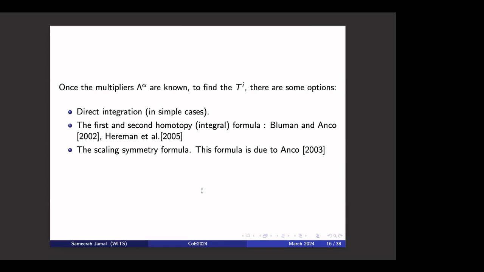So one way is the obvious way, which is just direct integration. But this can only work in simple cases where you would just, in an ad hoc way, try to figure out the integration by hand. The second way involves what is known as homotopy operators, and these are very powerful tools in integrating the multiplier expression.